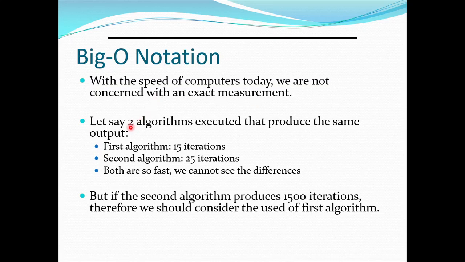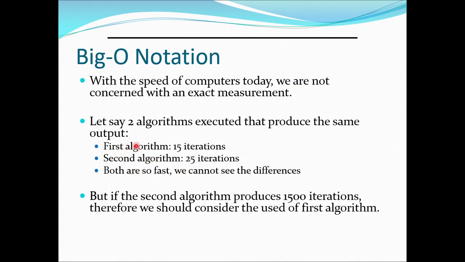Let's say we have two algorithms that produce the same output. The first algorithm produces 15 iterations, that means 15 loops to get the output. But the second algorithm produces 25 loops, 25 iterations, to get the same output.